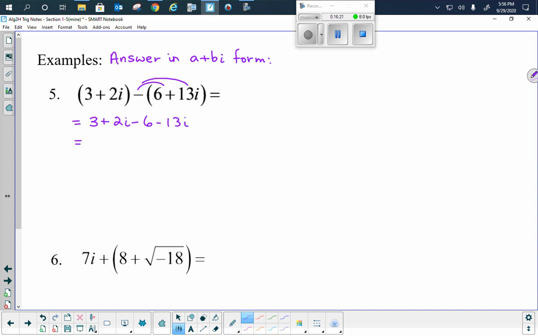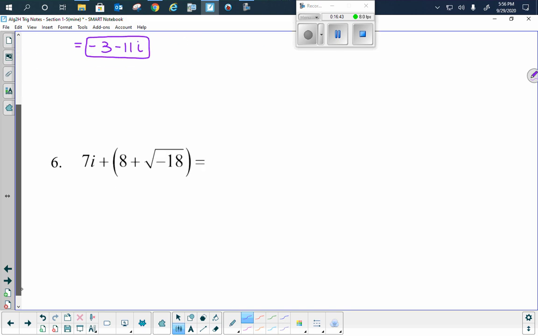Combine like terms. And I'm thinking I want an A plus Bi form. So the real part, 3 minus 6 is negative 3. And minus what, 11i? There you go. So just verbally, what's the real part? Negative 3. What's the imaginary part? Negative 11. Okay.